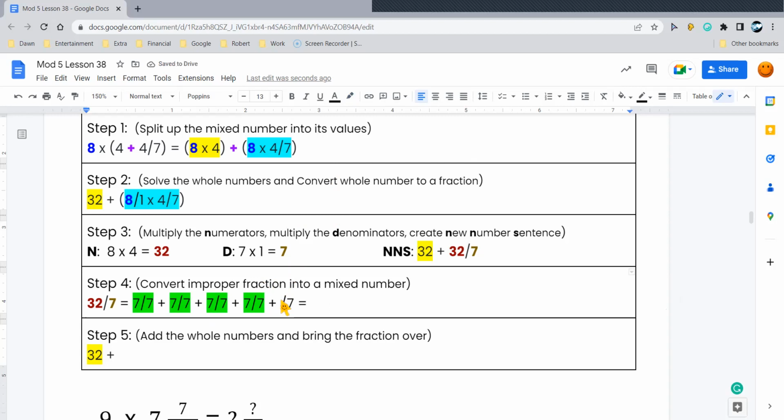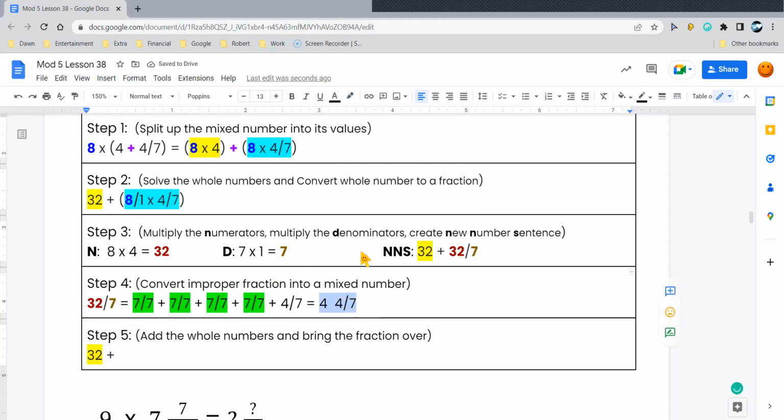So I'm going to take that out and count to 32: 28, 29, 30, 31, 32. That gives me 4. Now I count 1, 2, 3, 4: 4 and 4 sevens.